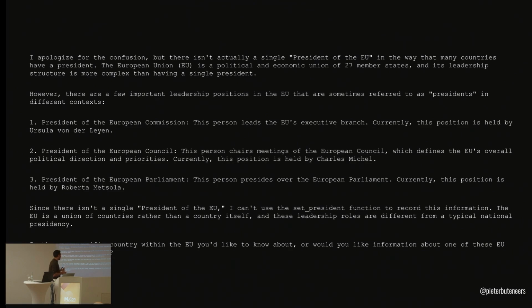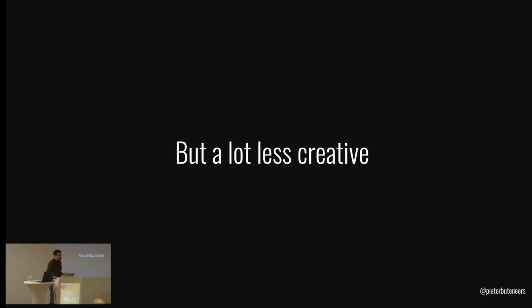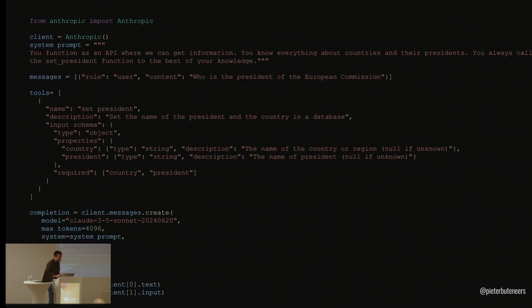And in our case, we maybe want it to be a bit more creative and not wait until it really has figured out the answer to who is the president of the EU, right? It seems to be a lot stricter on hallucinations, which might be good in your case, but in many cases it's too restrictive and it actually doesn't give you what you're looking for. And it's definitely not very creative.